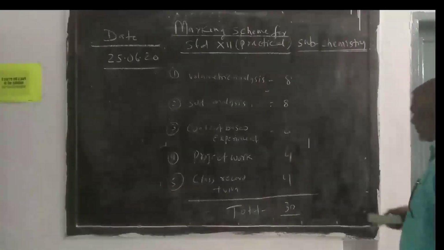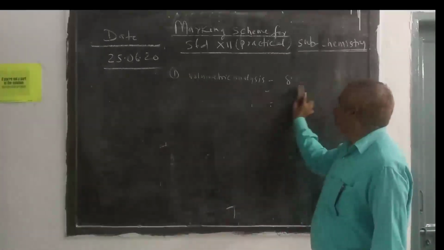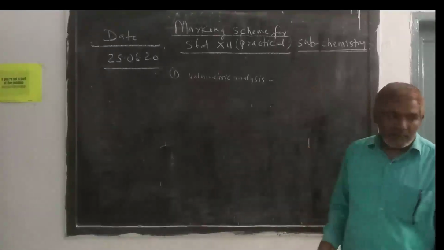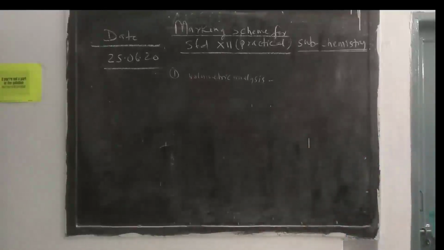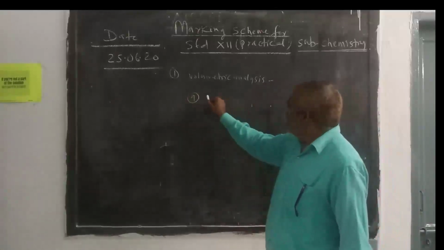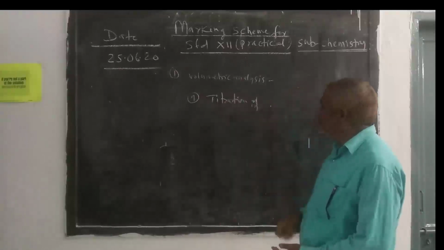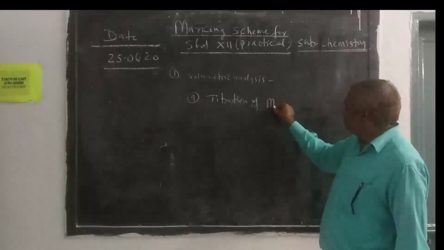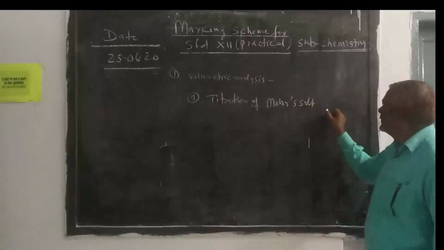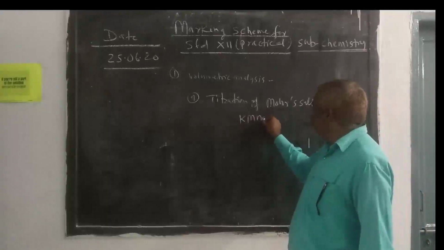In volumetric analysis, which is also called titration, there are two types. One is titration of Mohr's salt and KMnO4 solution.